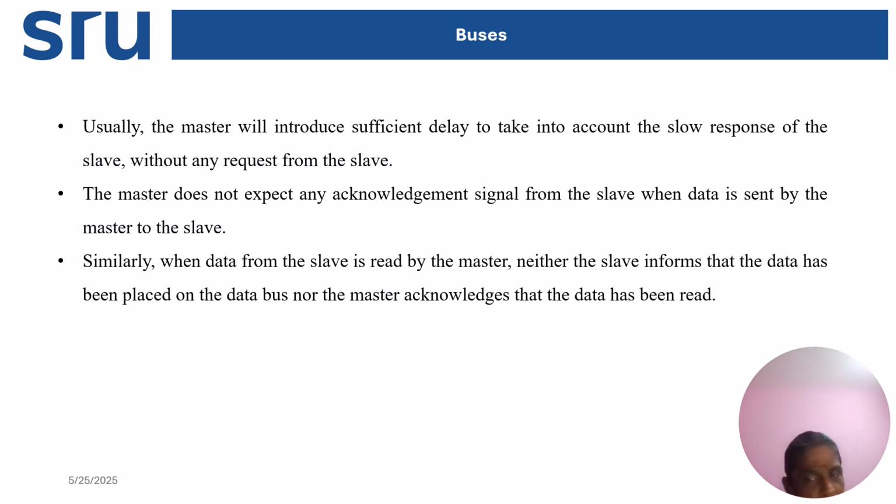Neither the slave informs that the data has been placed on the data bus, nor the master acknowledges that the data has been read. So the slave will not indicate that I have kept the data on the data bus, and after receiving, the master is also not indicating that I have taken your data from the data bus. Both way indication is not possible.